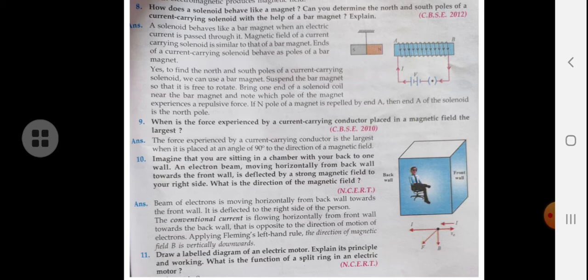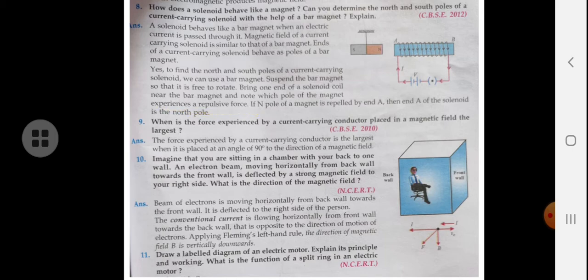Another part was how we can find the north and south pole with the help of a bar magnet. To find the north and south pole of a current carrying solenoid, we can suspend a bar magnet so that it is free to rotate. Now bring one end of the solenoid coil near the bar magnet and note which pole of the magnet experiences a repulsive force.